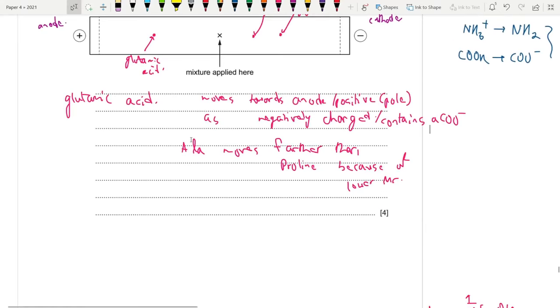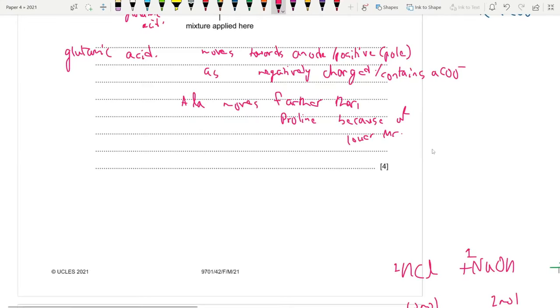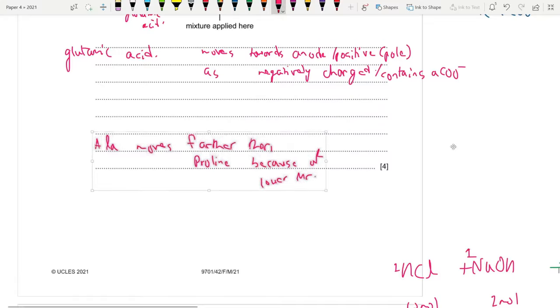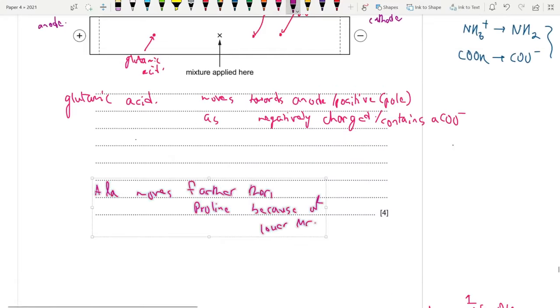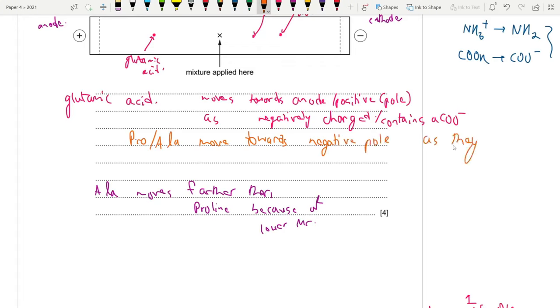And on the other hand, proline or alanine in general move towards the negative pole or cathode, as they are positively charged, as it contains NH2 plus for proline, and for alanine it contains NH3 plus. Okay, so these will give you the same marking point.